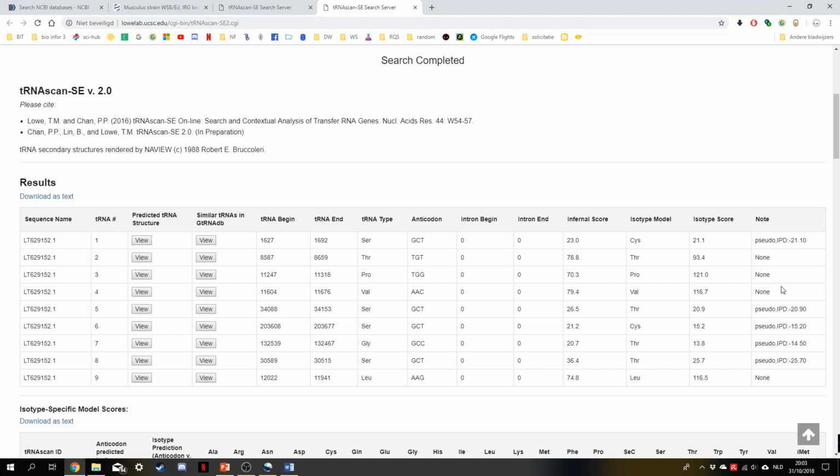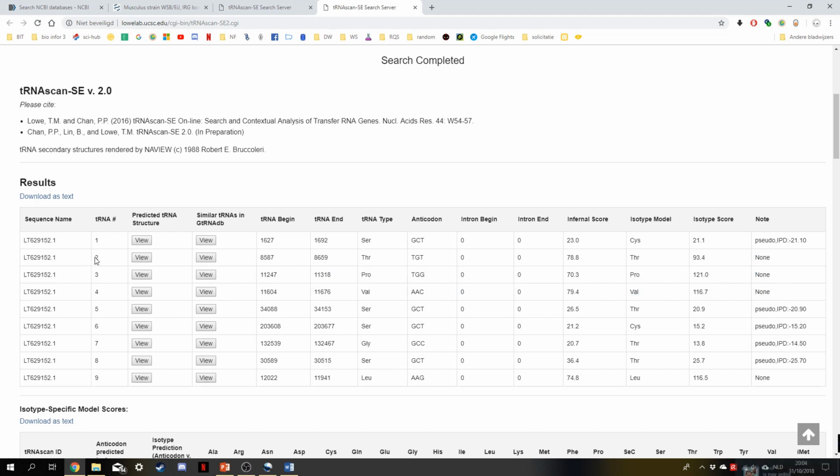This means that these sequences are tRNA-like sequences that have similarities to the real tRNAs, but they themselves are not tRNAs, and they also don't have a tRNA function within the organism, but they do have high similarities. So we can see that the ones with none are in fact good tRNA results. These have a very high probability of actually being tRNAs.